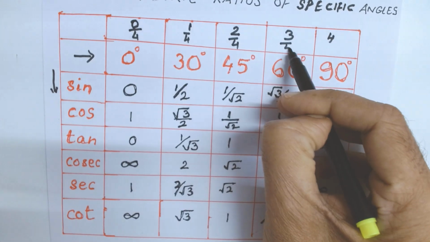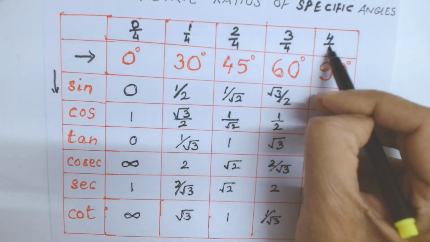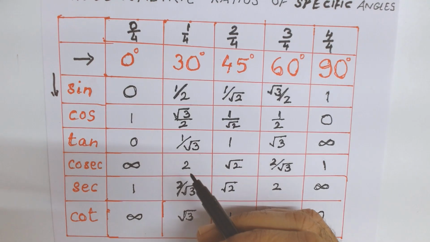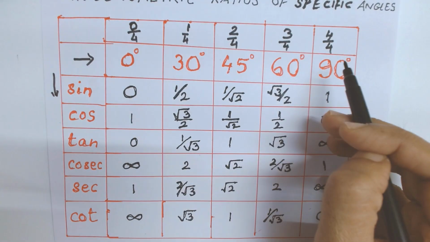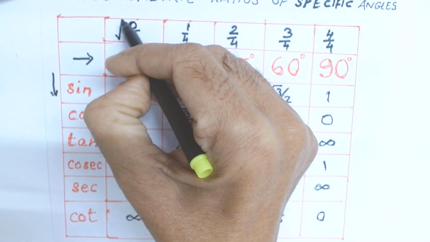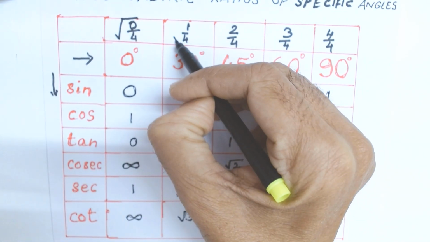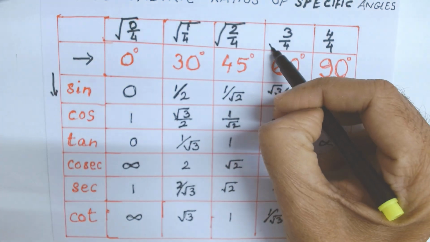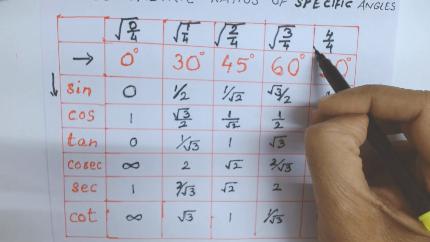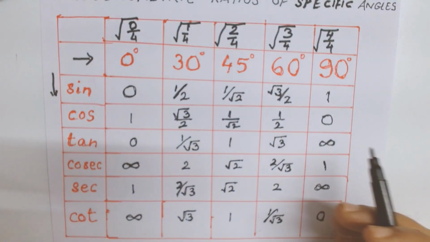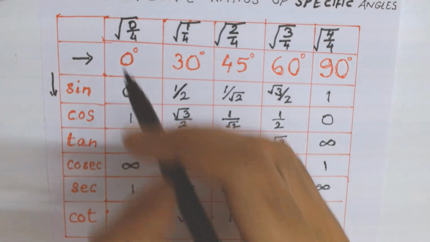So we put 0, 1, 2, 3, 4 and we divided all this by 4. Then you've got to take the square root of the whole thing. Once you know this, you can create this table.